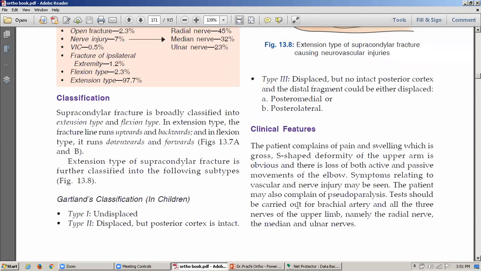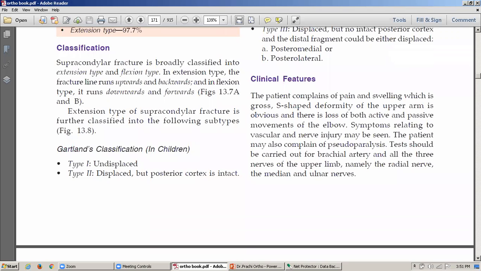The patient may also complain of pseudoparalysis, and tests should be carried out for the brachial artery and all three nerves of the upper limb, namely the radial nerve, the median nerve and the ulnar nerve, as any of these nerves may be injured.